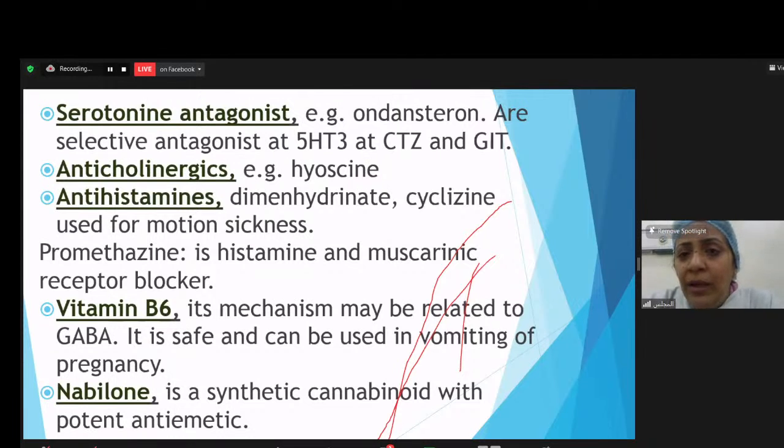So you might think of granisetron, which works for more than 24 hours, a very long-acting agent, more than ondansetron.